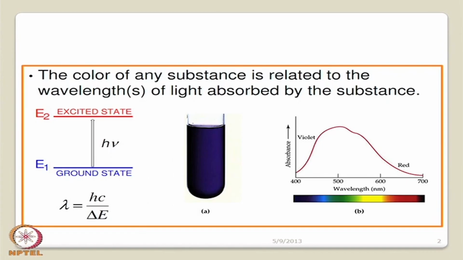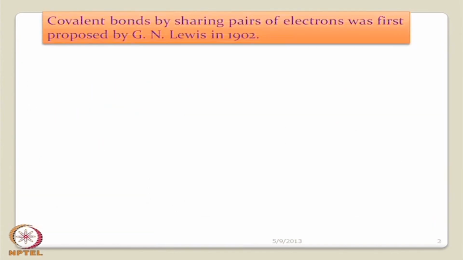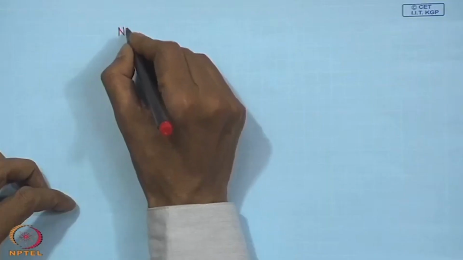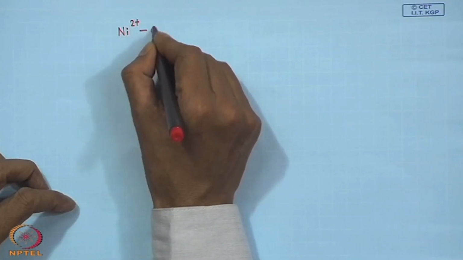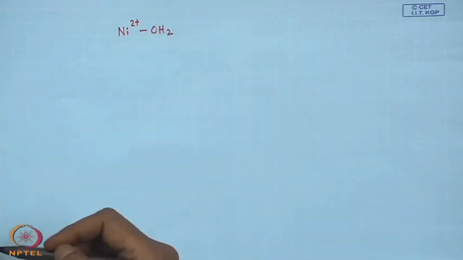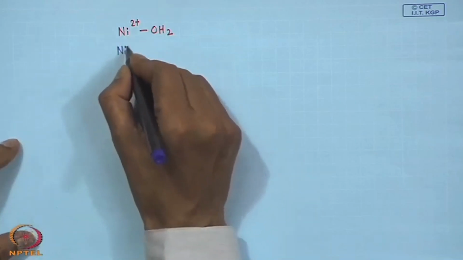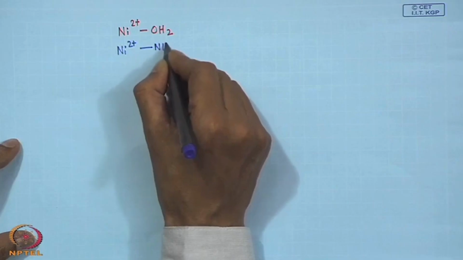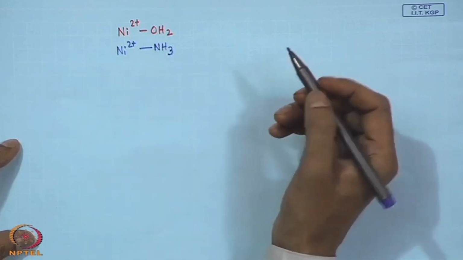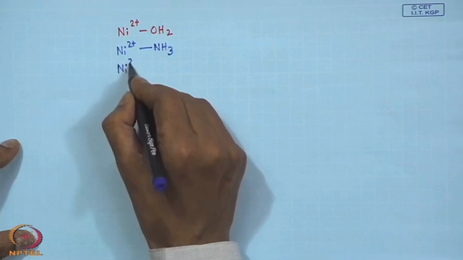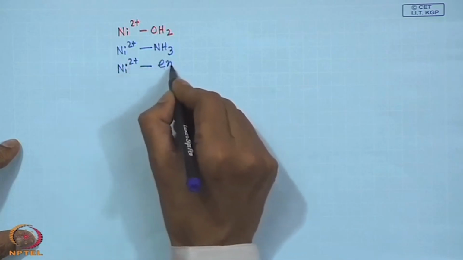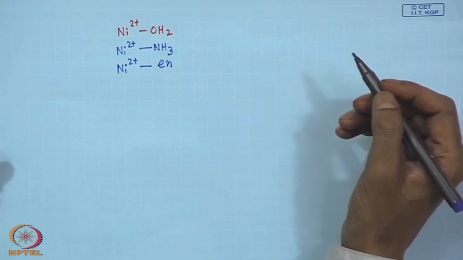So if we can have a bonding theory for the metal and ligand interaction, such as the interaction between the metal center and the water molecule itself, how can we modify this interaction of OH2, where water is the ligand, with Ni2+? Then water is replaced by ammonia, and then there is the interaction with the bidentate chelating ligand ethylenediamine.